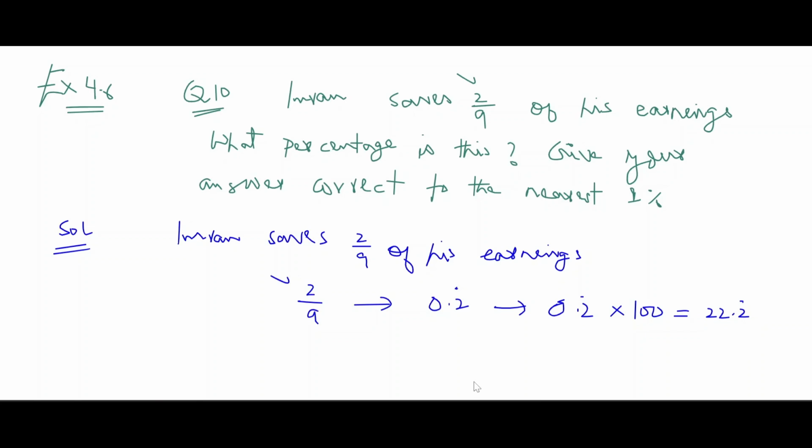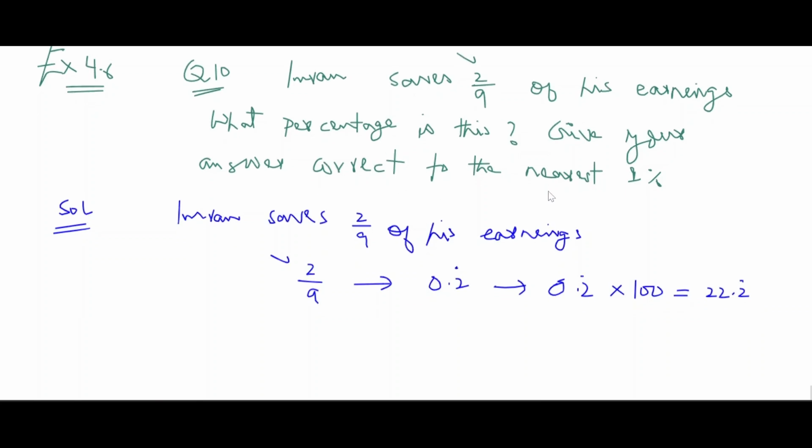It says correct to the nearest 1%, so you convert into a whole number. If the digit after is 5, 6, 7 it rounds up to 23, but if it is 1, 2, 3 or 4, it becomes 22.